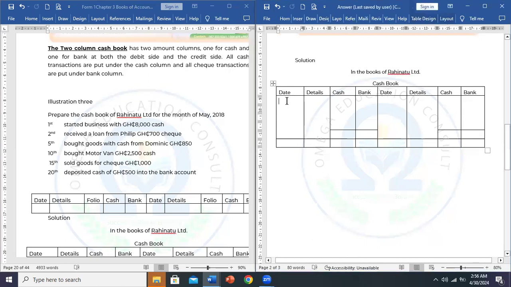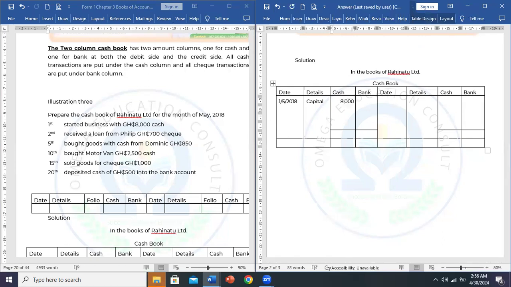First, started business. So the business is receiving, right? Capital. So first May 2018, we debit because the business is receiving capital in the form of cash. So capital goes under the cash column because this is a cash transaction.